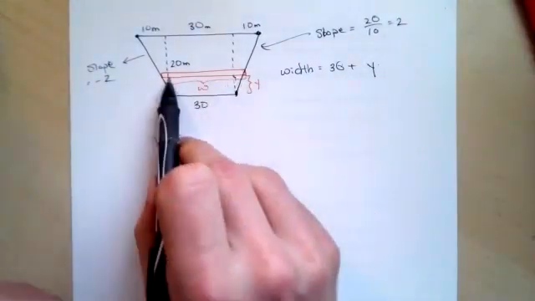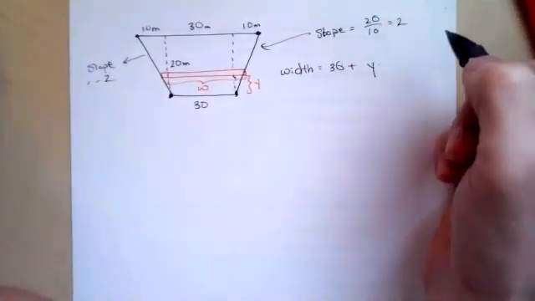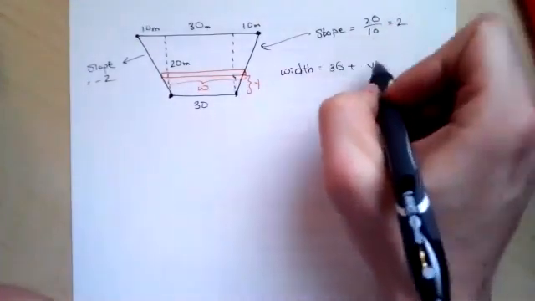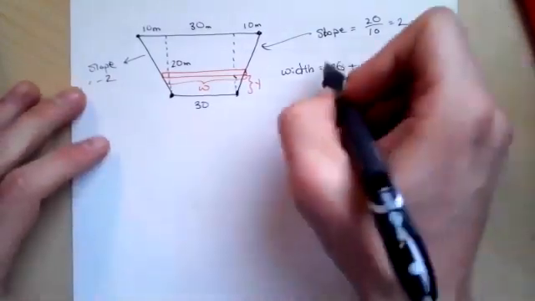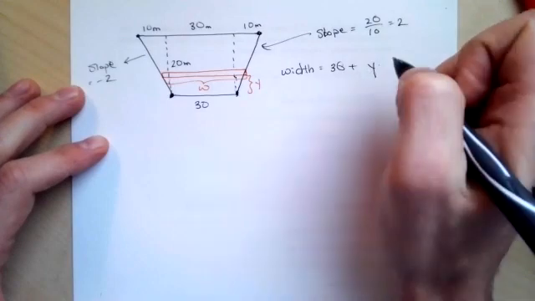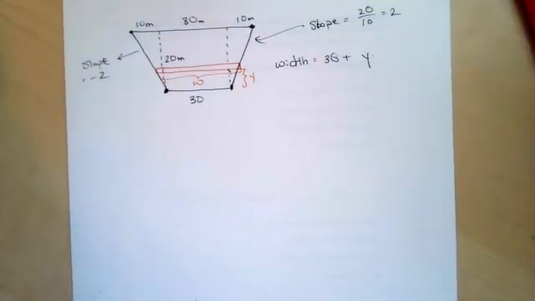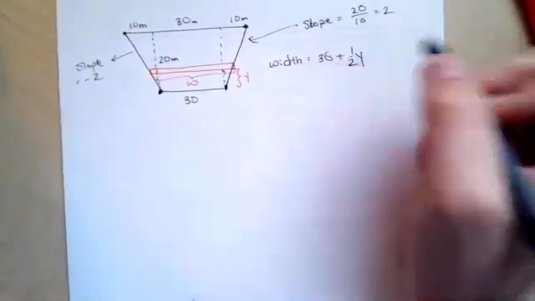And then this side will also grow half of that. So it's essentially 2 times half Y. Or so 30 plus Y. No, 30 plus half Y.